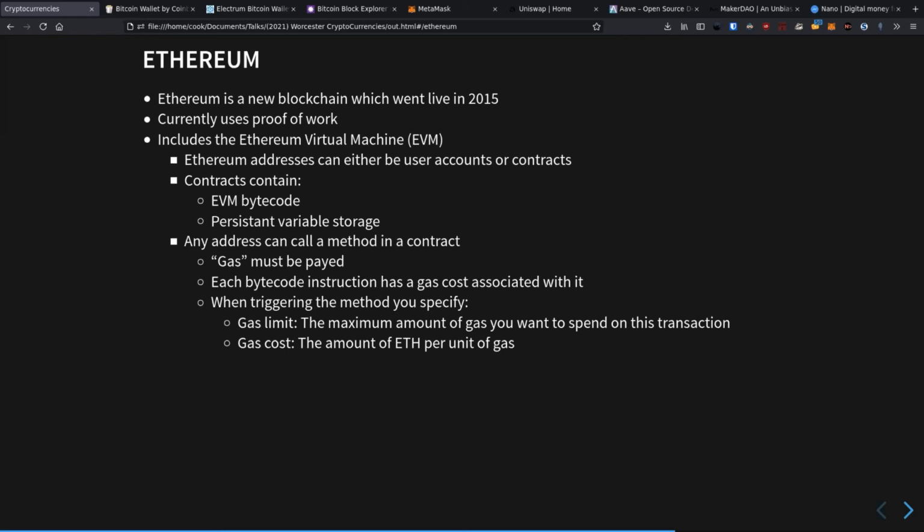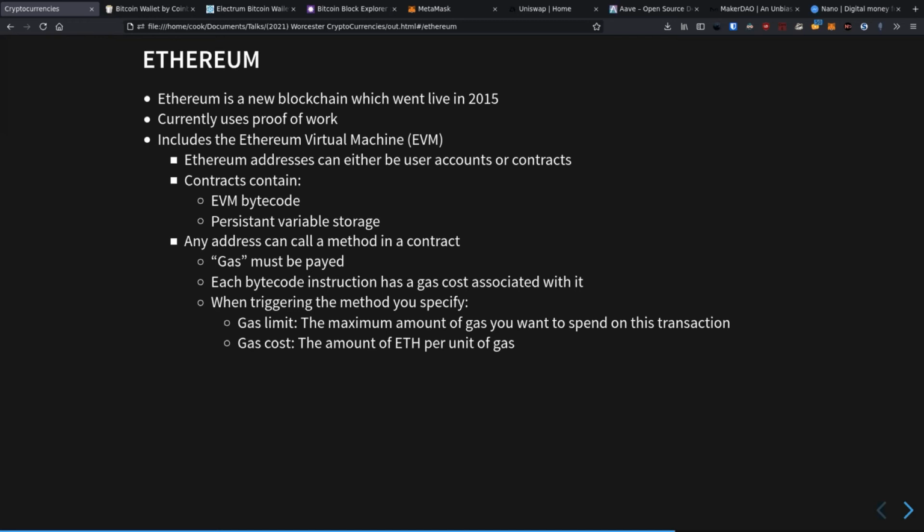Any address can call a method in a contract, but it must pay gas, and gas is essentially just fees. It's another unit for naming fees. So each bytecode instruction has a gas cost associated with it, just a fixed number.